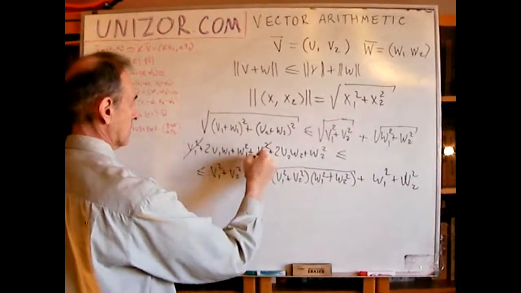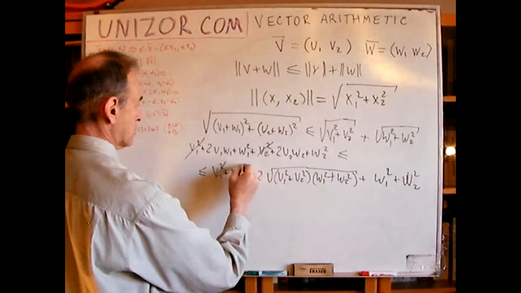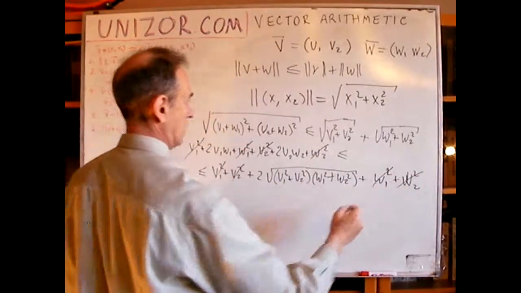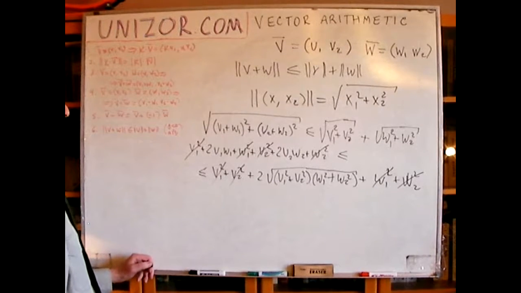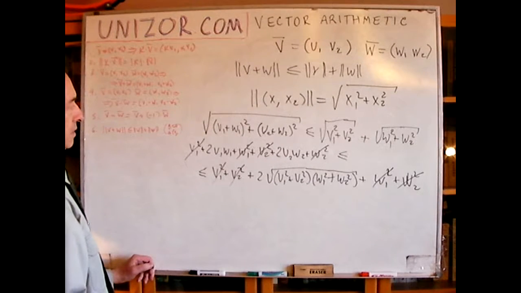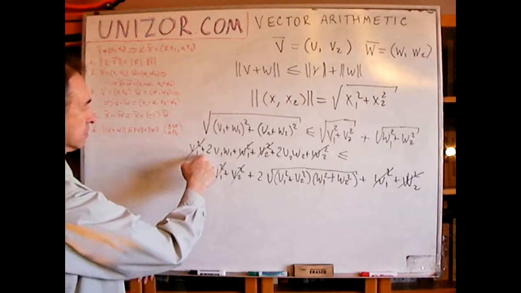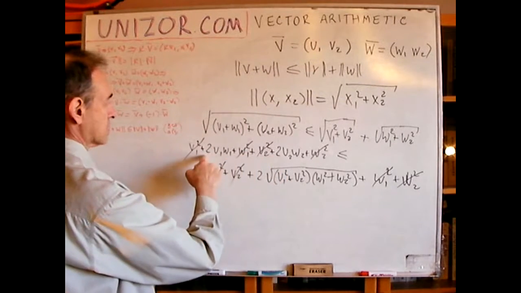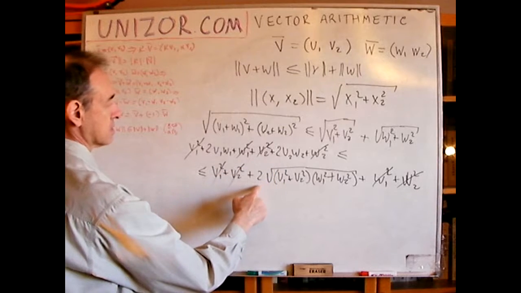Obviously we can reduce by this. Everything goes out. And I will also reduce by 2, because here 2, and this is 2, and this is 2.